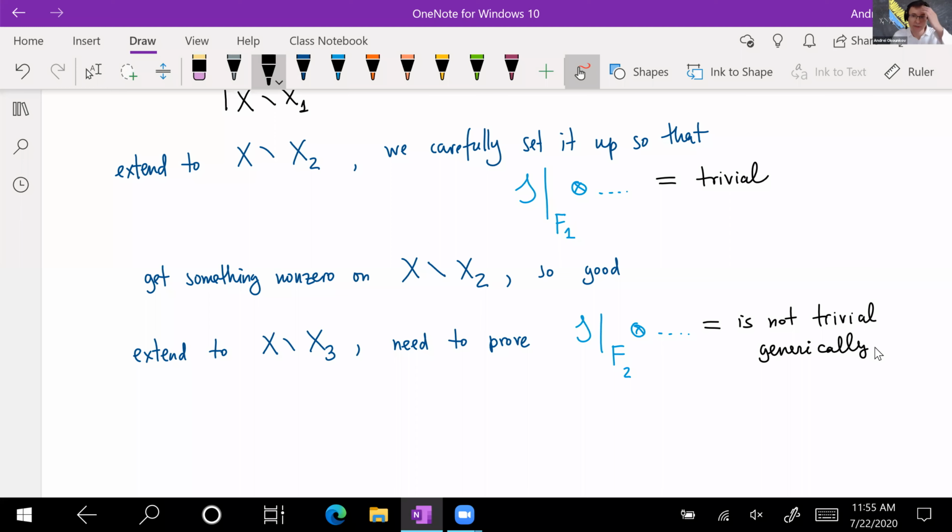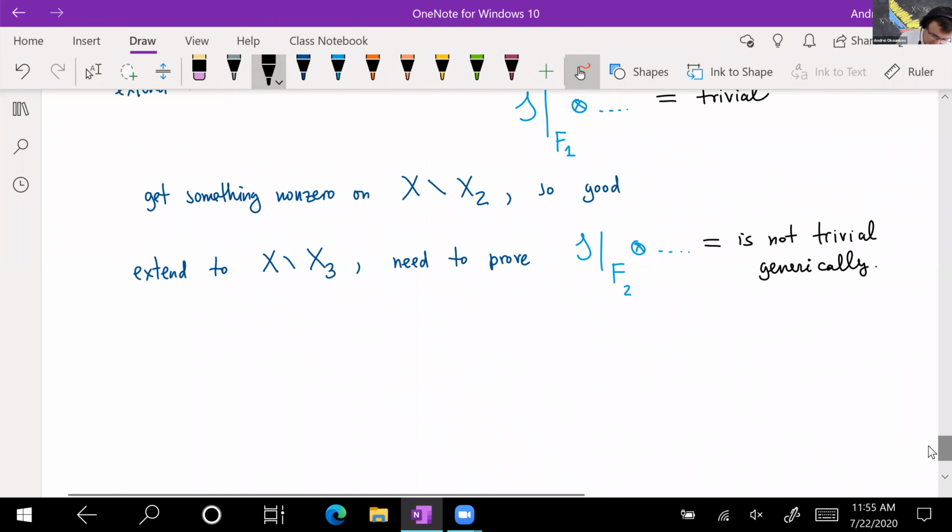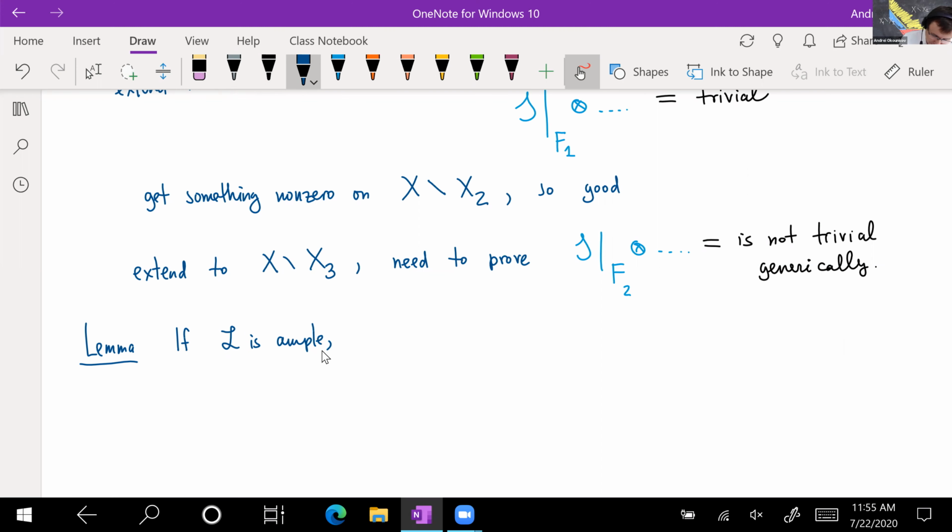And so how are we going to see that? There is a very useful lemma, a special case of many other useful lemmas.